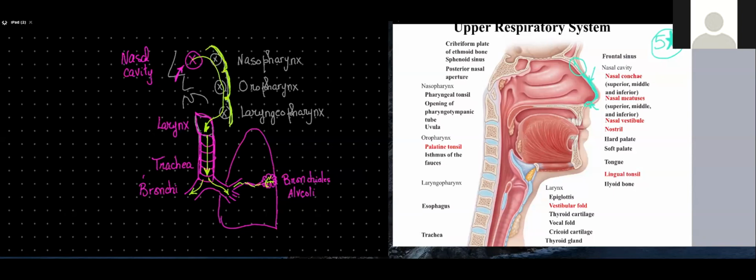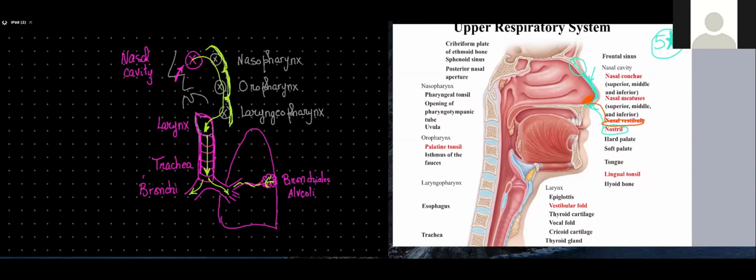And I would see a depression in the nasal mucosa at the entrance of the nose. This is going to be my nasal vestibule. So we've got here, this is going to be my nostril. And this is going to be my nasal vestibule.